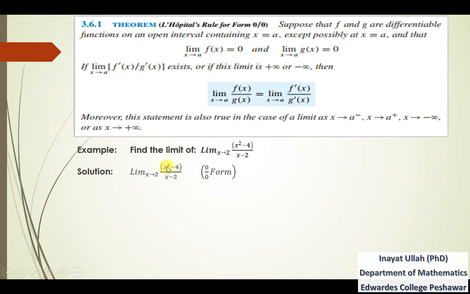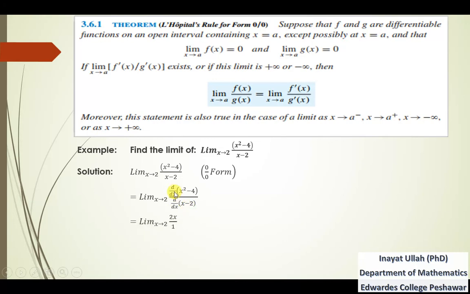We need to find the derivative of the above function and the below function. That is the derivative of the above function and this is the derivative of the below function. Now what is the derivative of x square? That is 2x, and the derivative of 4 is 0. Similarly, the derivative of x is 1 and the derivative of 2 is 0.